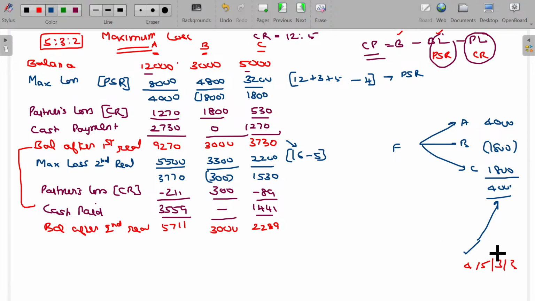Now we'll move on to the third realization. Maximum loss in third realization. How much? Now the amount payable to all the three partners being 11,000, but we realized only 3,000. So 8,000 will be the maximum loss, shared among the three partners using the PSR. This will be using always PSR.